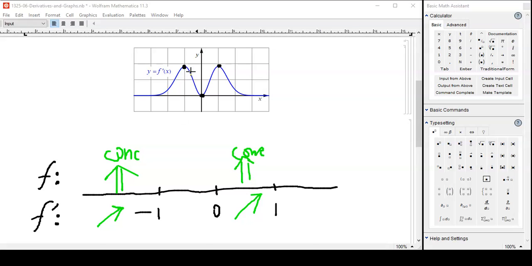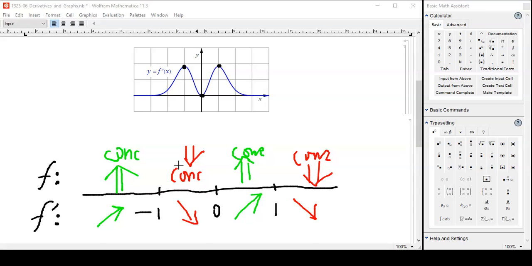And then here, going down, and then going down, concave down here, concave down here, and that's it, I guess.